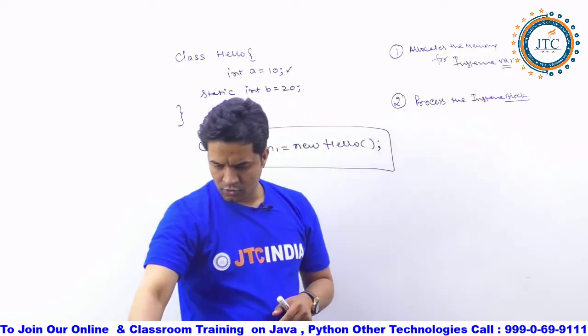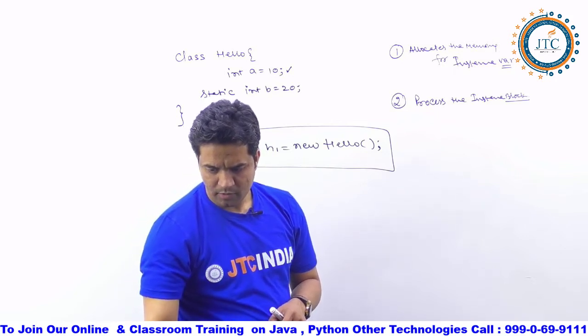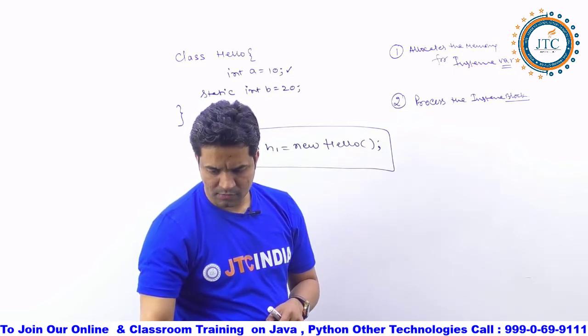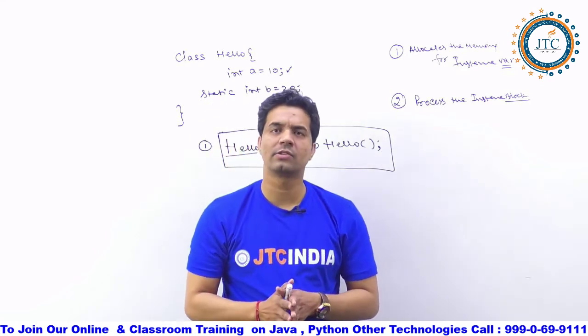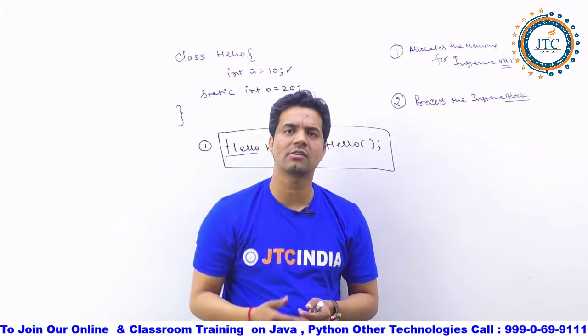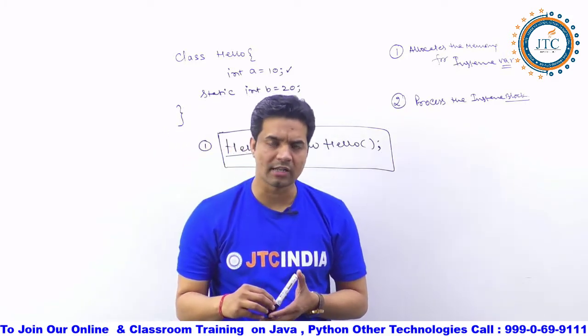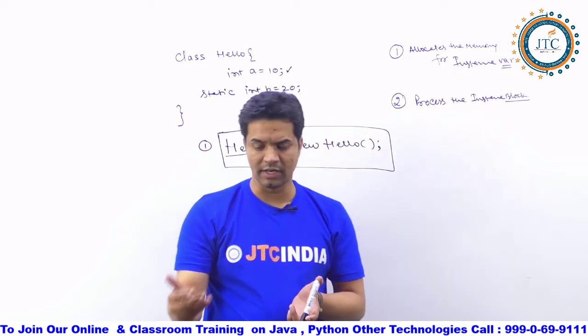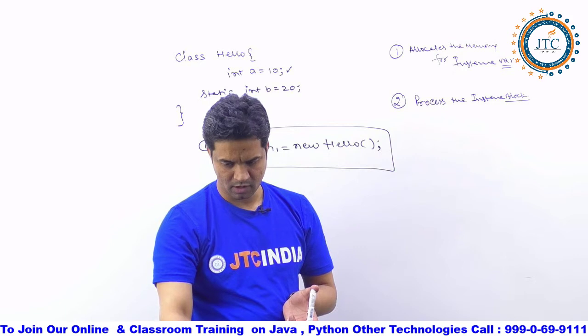Just reply in the chat box if you have any questions on this, on the memory allocation for the instance variable and how memory is allocated for the instance variable and static variable. I'll write the programs based on the instance variable as well as the static variable just now, but based on this, if you have any questions, please ask.